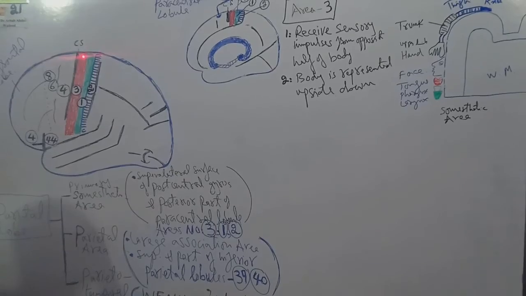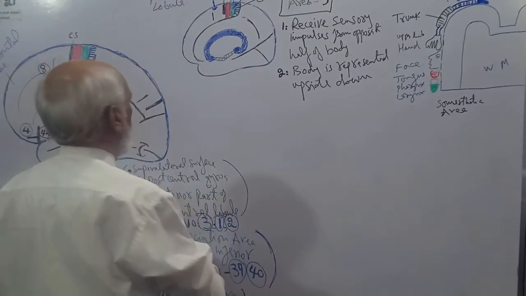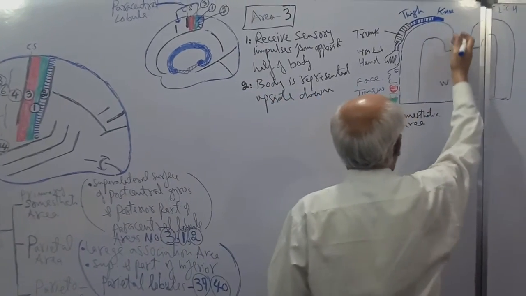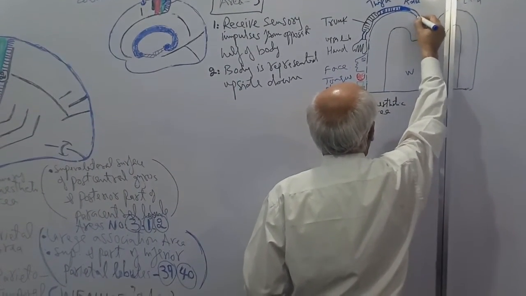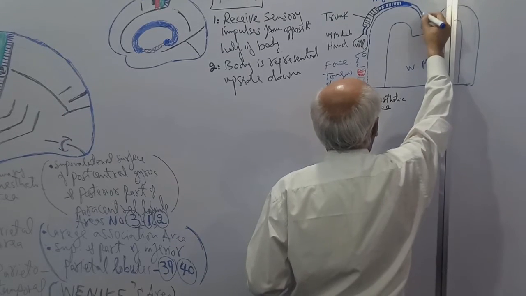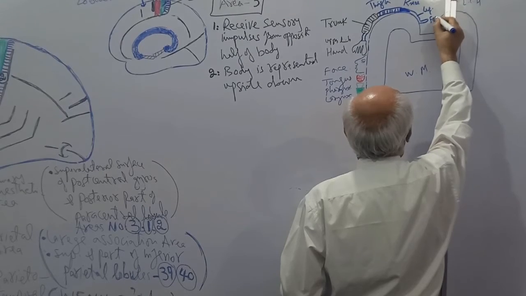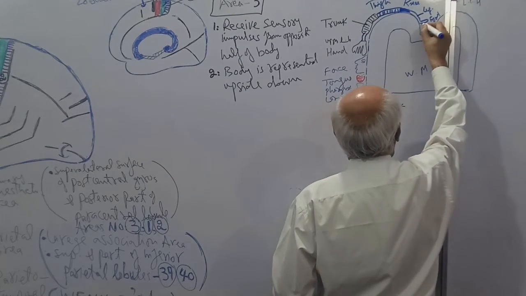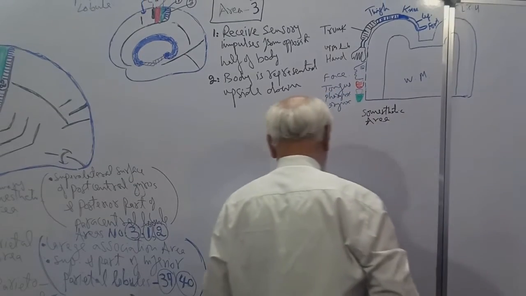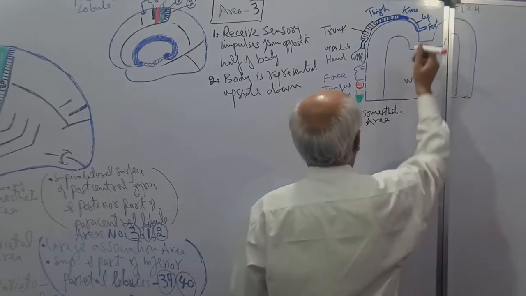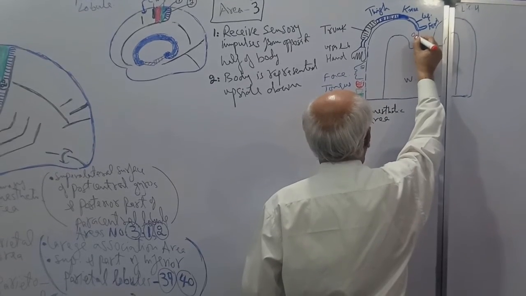Now next to the knee is the leg, foot and perineal region. So it continues into the medial surface, so here is leg, foot, and then sensations from the region of the anal orifice and urethral orifice.